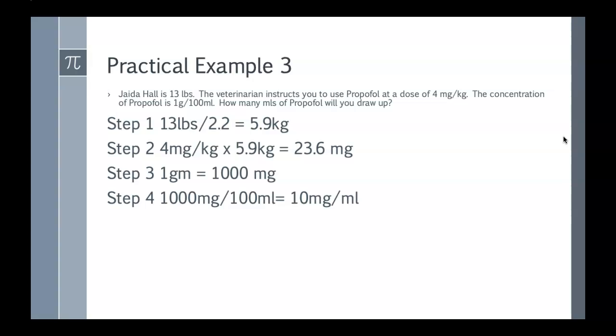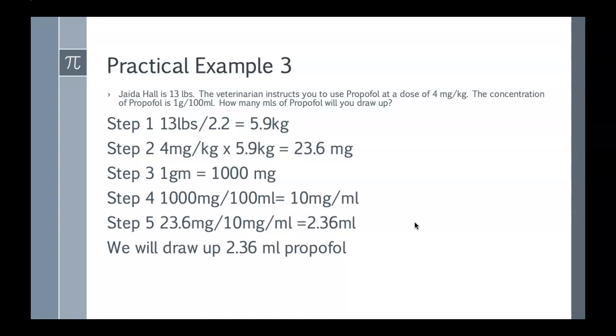All right, so here we have a 10 mg per mil solution, and we know that we need 23.6 milligrams. So we're going to take the 23.6 milligrams, divide it by 10 mgs per mil, and here we have milligrams repeating, so we can cancel the milligrams, and we're left with mils. So we have 2.36 mils. So therefore, we will draw up 2.36 mils of Propofol.